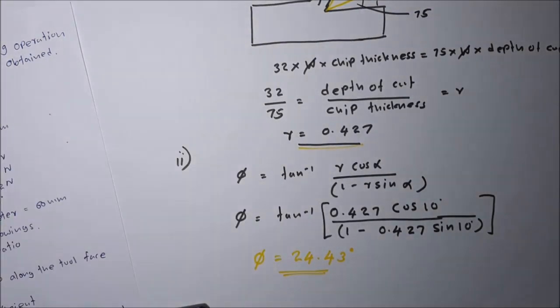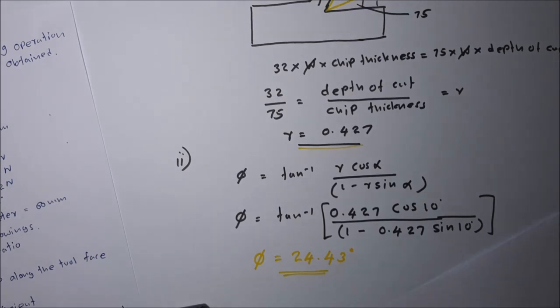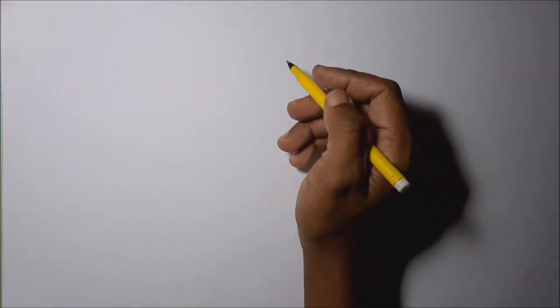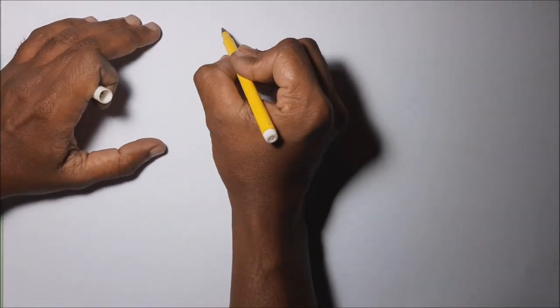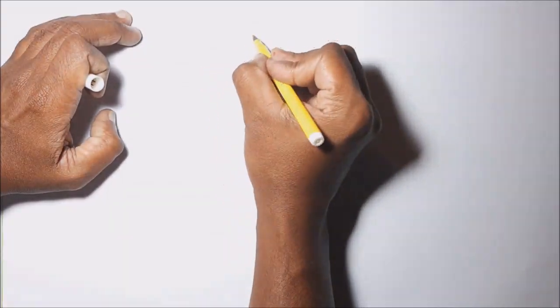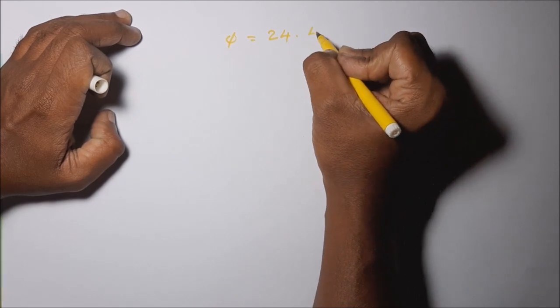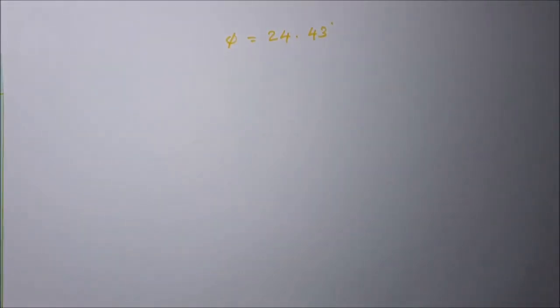Okay, then the problem is asking in the third part, velocity of the chip along the tool face, Vf. We have the data phi is equal to 24.43 degrees.